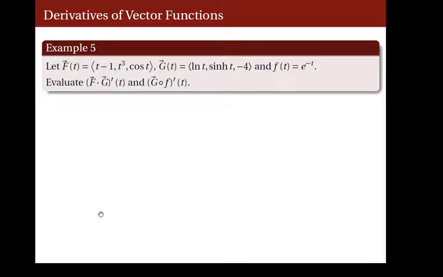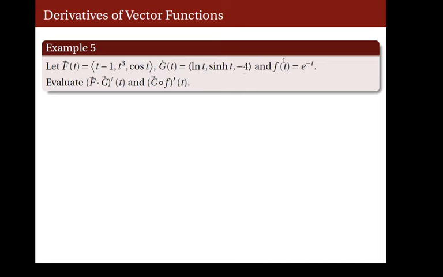Okay, so let us consider an example to illustrate the previous theorem. Let f be the function (t minus 1, t cubed, cosine t), and let g be the function (ln t, sinh t, negative 4).